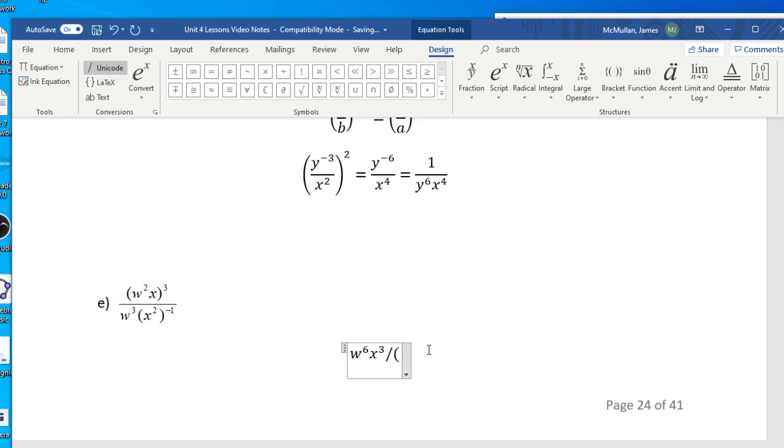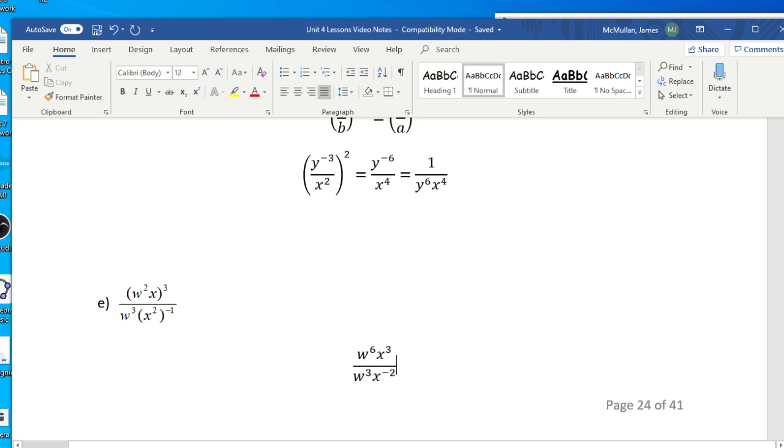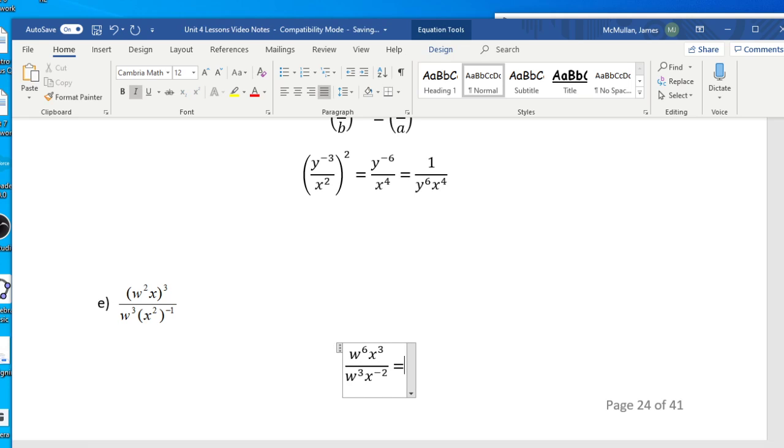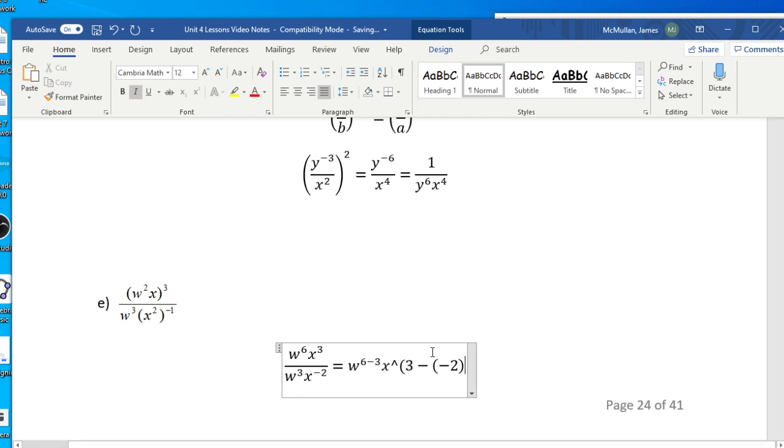And then on the bottom, I have w cubed and x to the negative 2, because the negative 1 comes in the bracket. Now again, all I have to do to finish this question is subtract the exponents. So w to the power of 6 minus 3 and x to the power of 3 minus negative 2, which is equal to w cubed and x to the 5. Okay, so that's the simplified version of what you see there, w cubed and x to the 5.